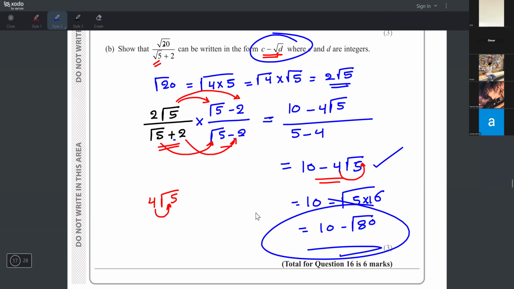The final form he needs is C minus root D, but we get C minus number root D, so we get a different form. How can we write 4 root 5 as a square root only, without the coefficient?